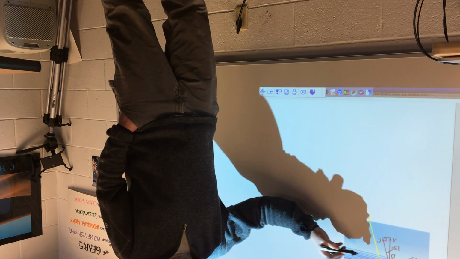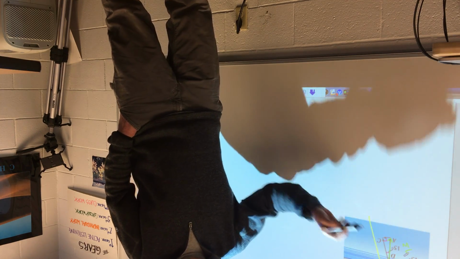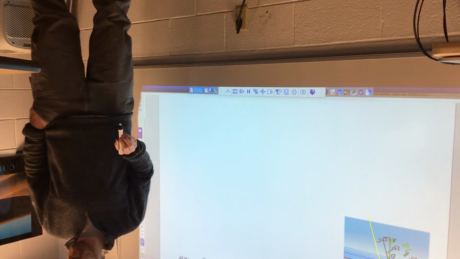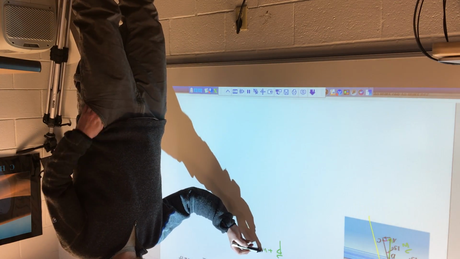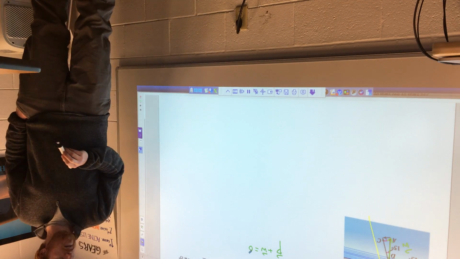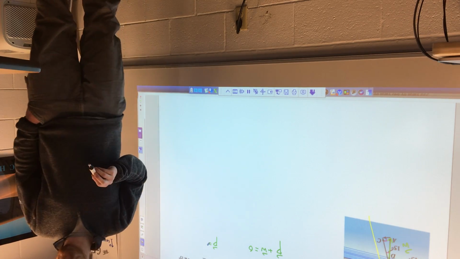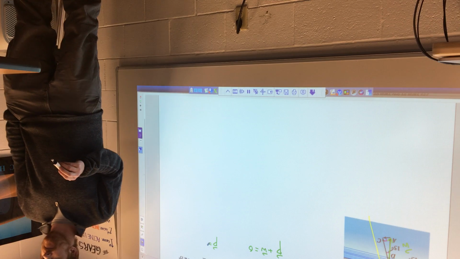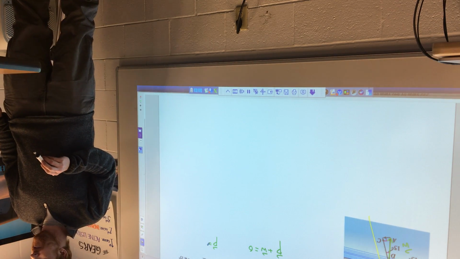We'll call that P, and we'll call this one W for weight. Now, we want P plus W to equal 0. Let's do P in unit vector form. What is P in unit vector form?